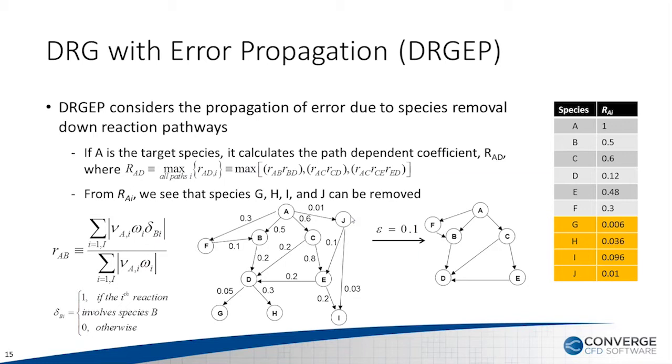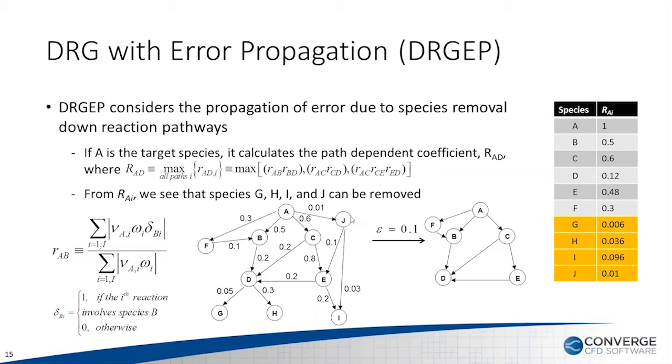Then we can build a species tree based on the reaction paths. As I show here, there are about 10 species from A to J. And each species has a weight factor to its neighbors. Basically, the weight factor is a function of reaction rate and coefficients.